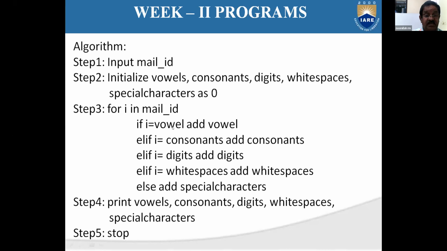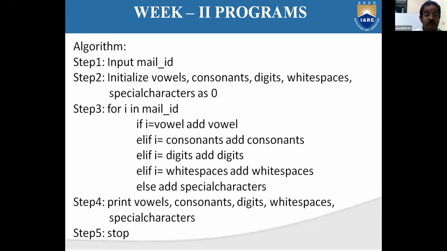Else, if the first character is not a vowel and it is a consonant, then condition 2 is going to be satisfied and the consonant will be added. If it is not a vowel, not a consonant, but a digit, then condition 3 is going to be satisfied and the digit will be added.